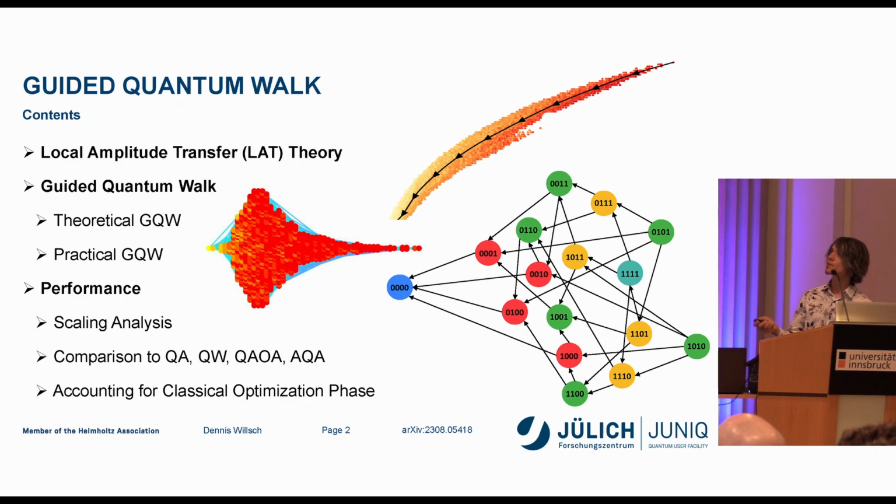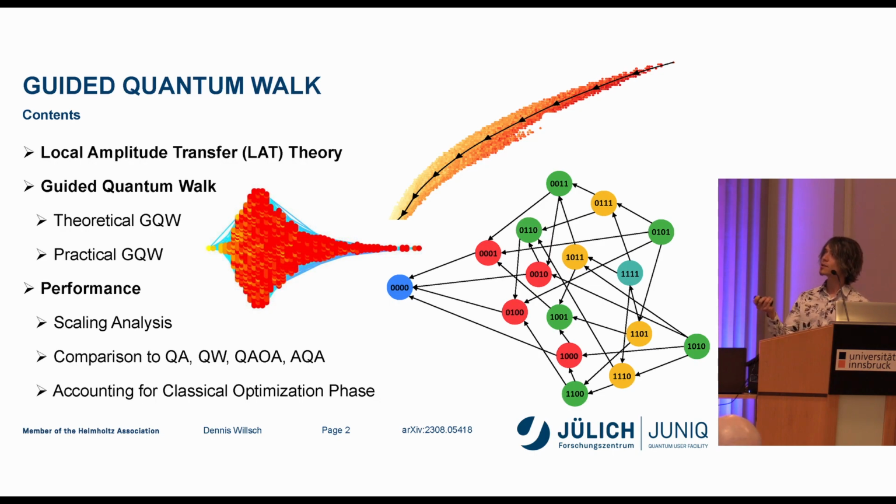Okay, so let's take a look at the contents. I'll introduce a little bit of theory about the local amplitude transfer, or the short lab theory, which motivates the guided quantum walk. And then we look at the guided quantum walk from a theoretical perspective. What's the goal and what does it try to achieve? And then we also see how to do it in practice when we don't have all the information about the problem yet.